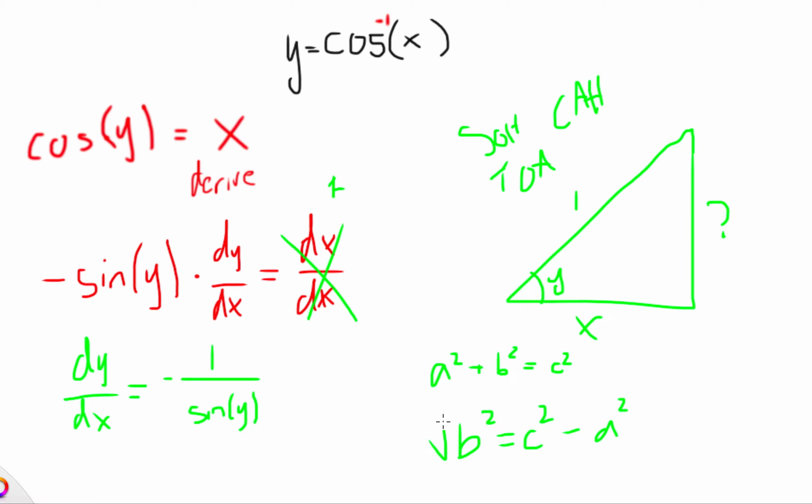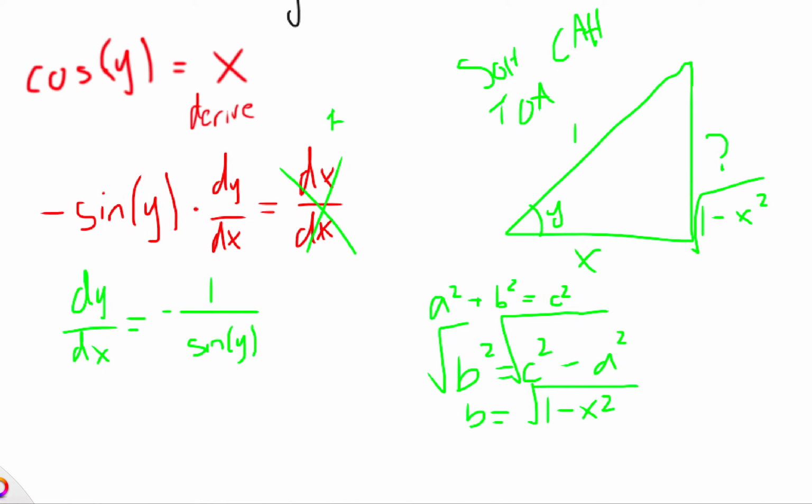So now we'll square root, and here I'm just going to add in the numbers. So b equals the square root of c squared, which is 1 squared, 1. And a is x, a squared is x squared. So b equals, so this side length equals 1 minus x squared. But don't forget the square root.